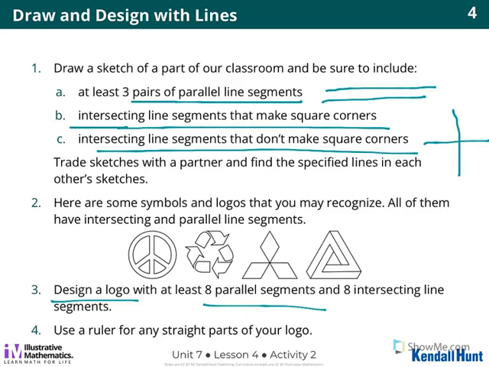Okay, if you drive out to 80th and Wadsworth, that intersection, those are perpendicular lines. Okay. Intersecting line segments that do not make square corners are just any intersecting lines that intersect and don't make a right angle. Okay?